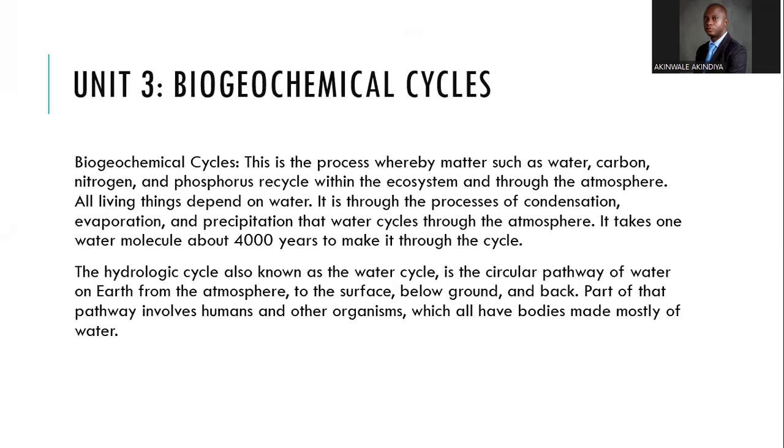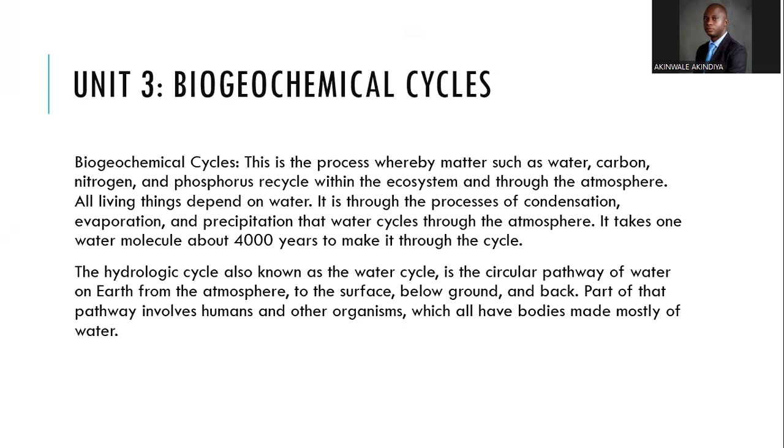Unit three is biogeochemical cycles. This is the process whereby matter such as water, carbon, nitrogen, and phosphorus cycle within the ecosystem and through the atmosphere. So it's a complete cycle. For example, the water cycle is very popular.